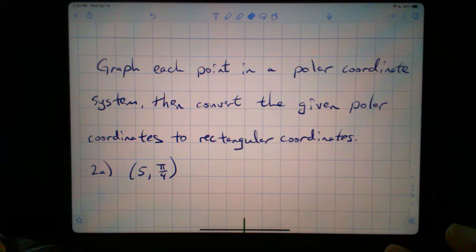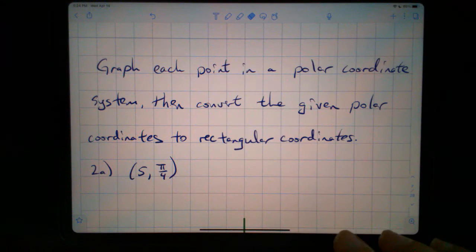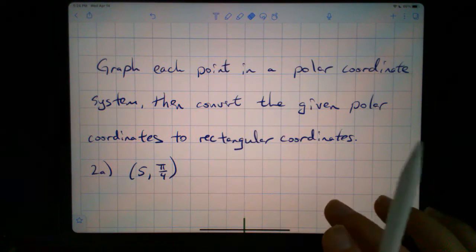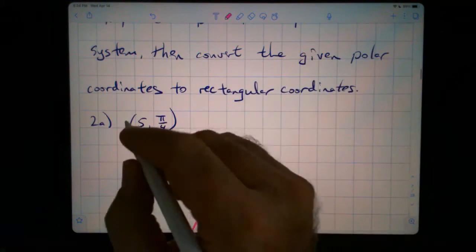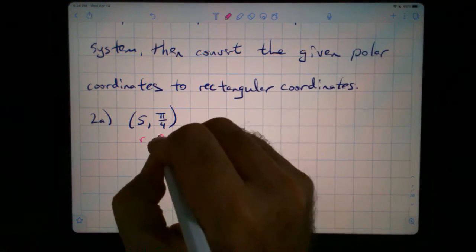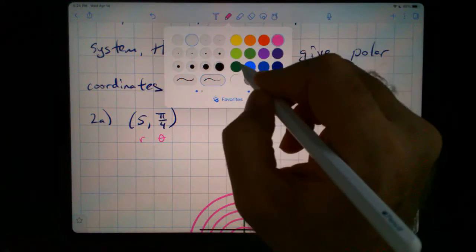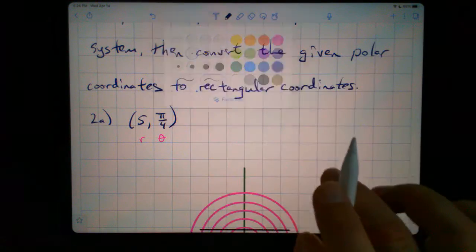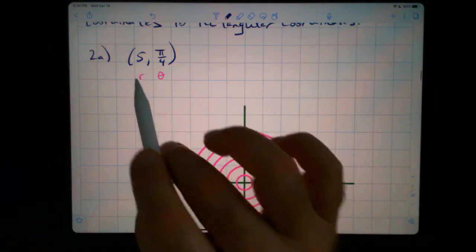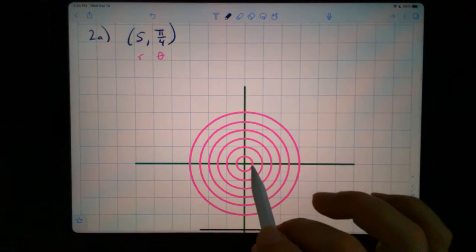So graph each point in a polar coordinate system, then convert the given polar coordinates to rectangular coordinates. So here we're going to graph these in a polar coordinate system. So we have an r and a theta. Radius of 5, so we're going to go out 5.